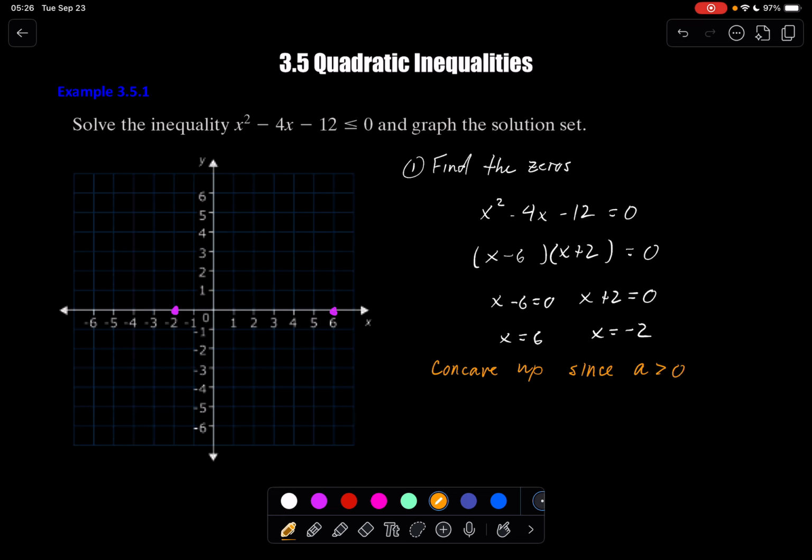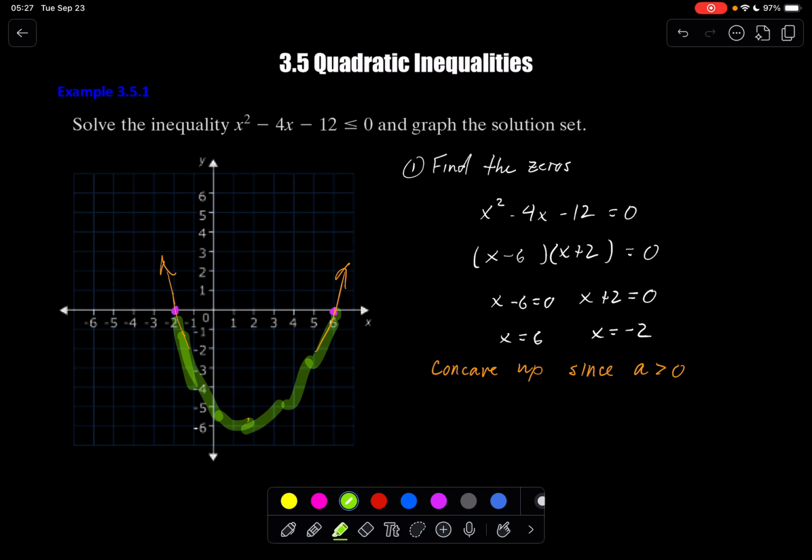So we know the graph is going to look something like this, and our vertex will be somewhere down here, and we don't even need to find what the vertex is, okay? Because this is a quadratic, we know, right, all through here, this is going to be less than 0, okay?